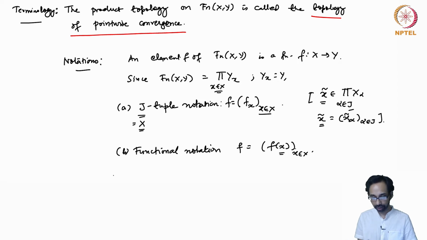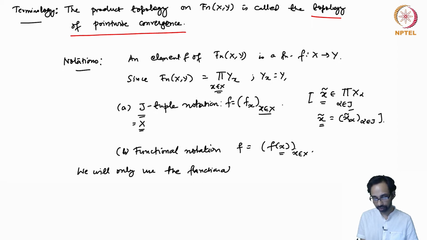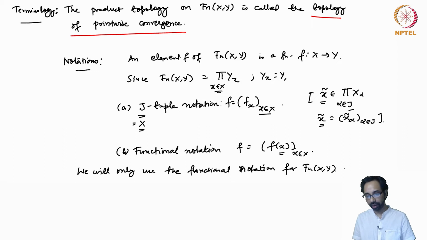So this is the functional notation, and we will only use the functional notation for F(X,Y). This is because we are viewing them as functions, and it will be especially useful when considering sequences of functions, because if you consider sequences of functions in the J-tuple notation, then there are many subscripts, and we want to avoid that. So we will use the functional notation only.